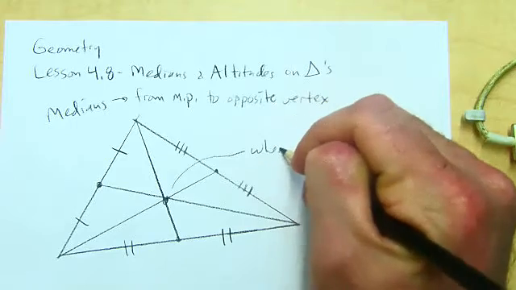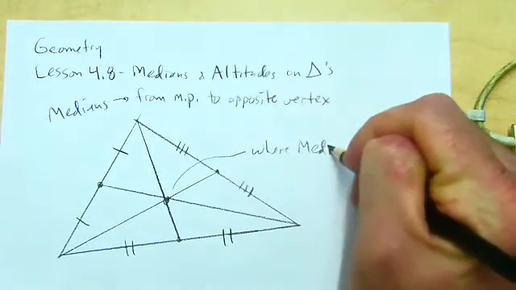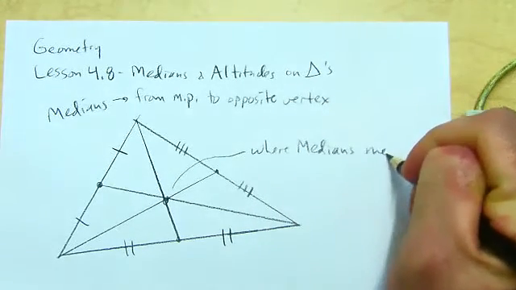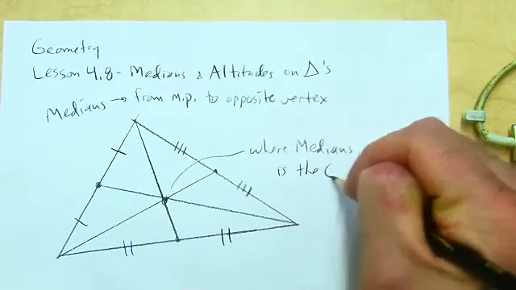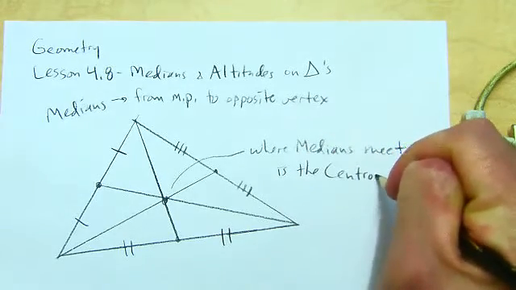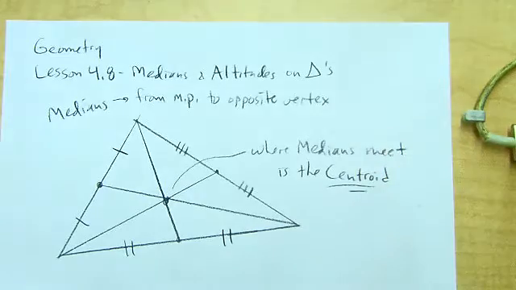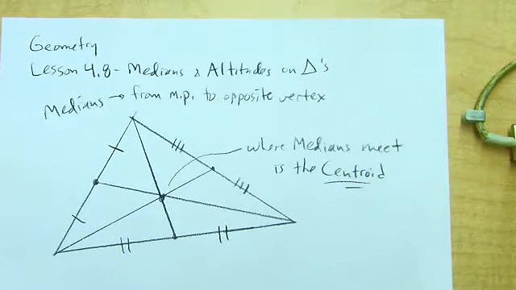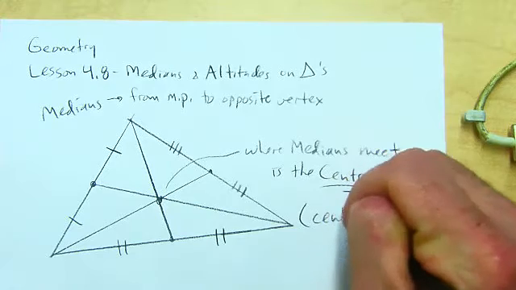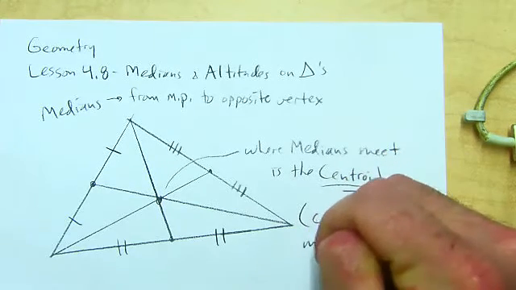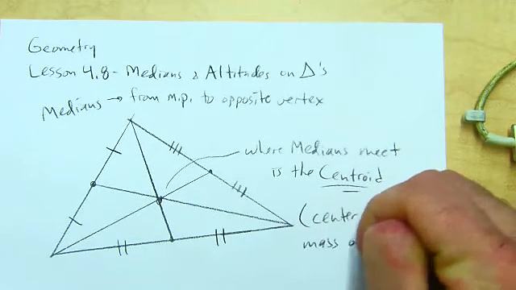So we say where medians meet is the centroid. Okay, centroid, that's new vocab here, where they meet is the centroid. Physics-wise, it's actually the center of mass of the triangle.